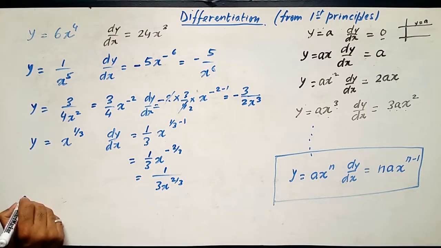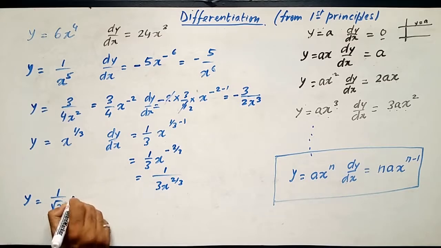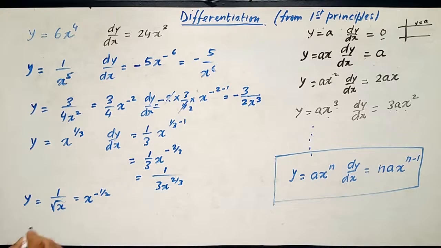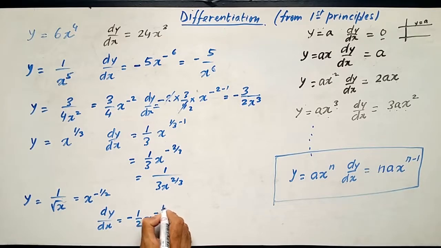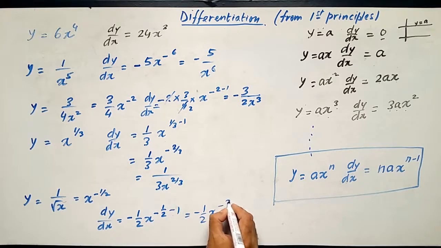Okay. Let's take y is equal to 1 upon root of x. We can write simply this one as x to the power minus half. Therefore, dy by dx is equal to minus half times x to the power minus half plus 1. So this means it is minus half times x to the power minus half minus 1, which is minus 3 by 2.